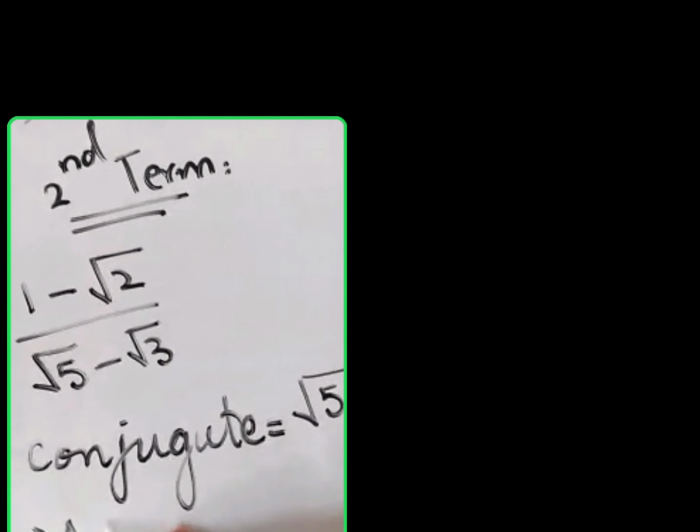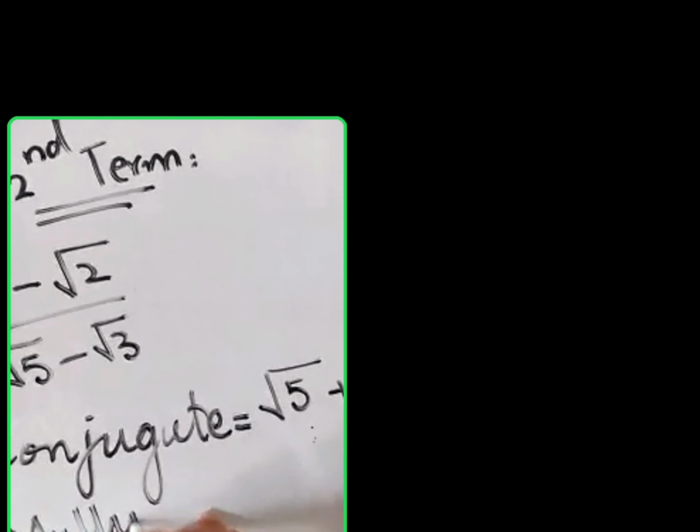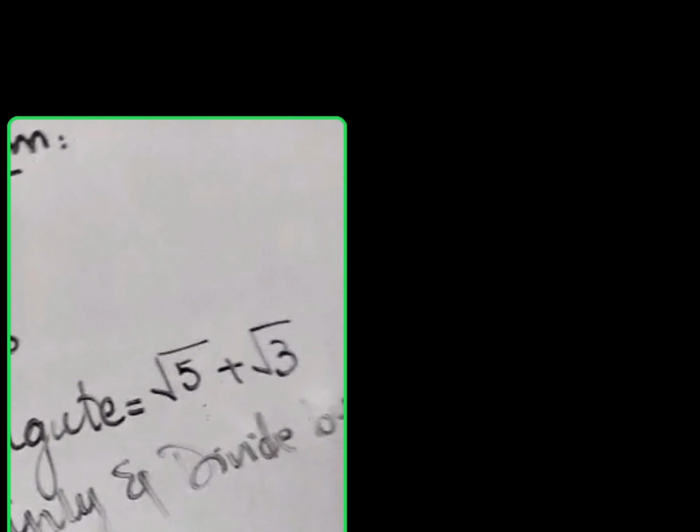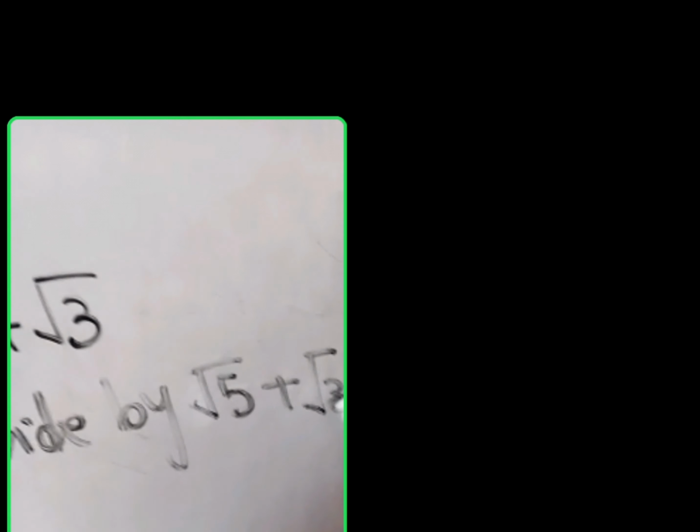The same statement you are going to write here: multiply and divide by square root 5 plus square root 3. Okay? Is it clear? Okay. Multiply and divide by square root 5 plus square root 3.